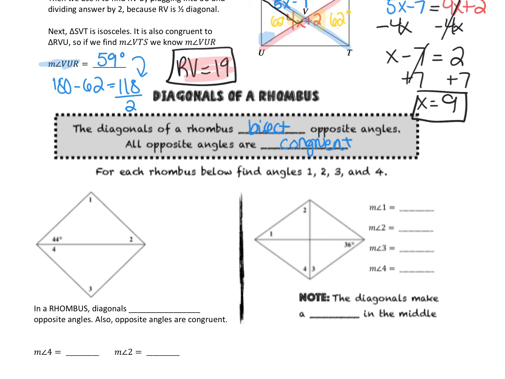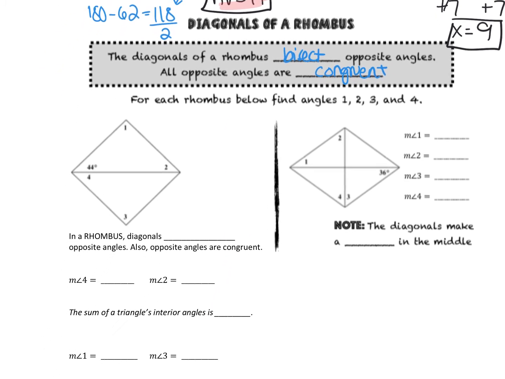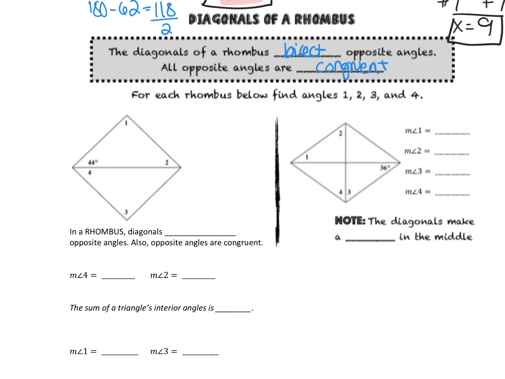Okay? So for each rhombus, you have to find the angle measures. So remember, in a rhombus, diagonals bisect opposite angles, which means that they cut them in half. Okay? So if I know that, I can find the measure of angle 4 because look at what angle 4 is next to. Angle 4 is next to a 44-degree angle, and it does cut them into equal parts.